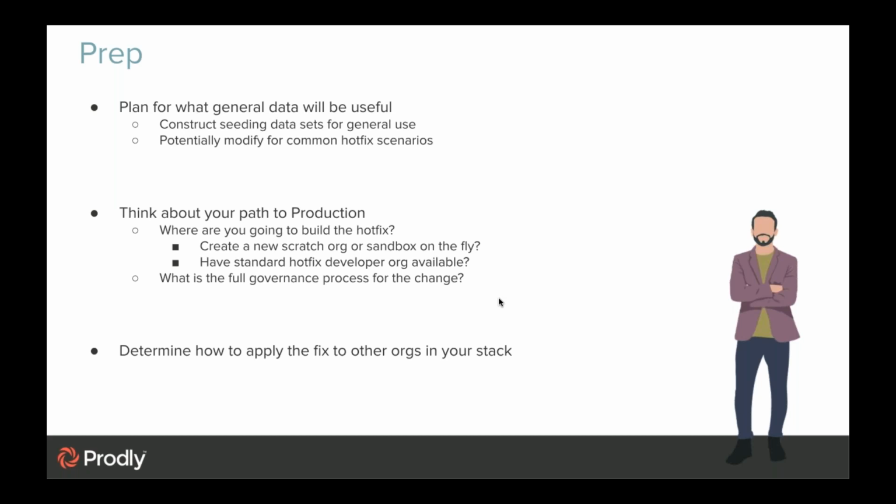We have a DX plugin, and I'll show you as part of the demo how to very quickly seed something. But then also, do we want to have a sandbox ready to go specifically for scenarios like this? We can help you prep for that as well. And then, we like to emphasize governance from start to finish during the process, and so we'll help you with that as well.